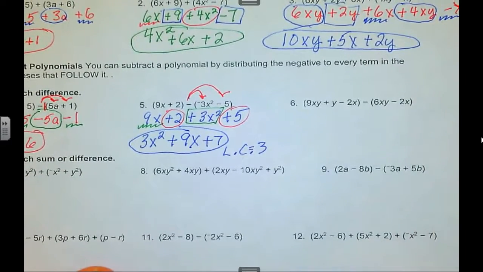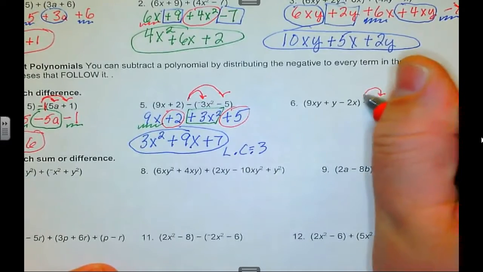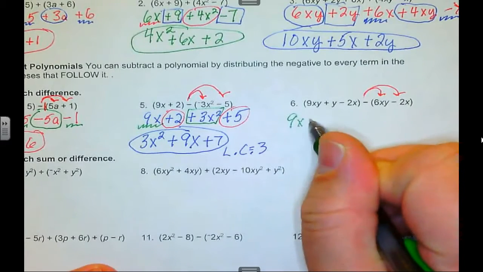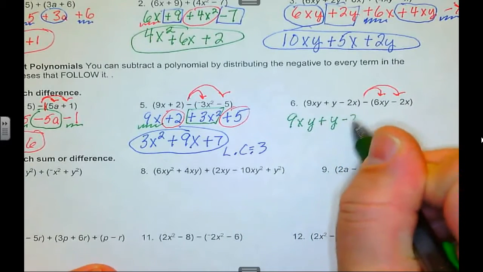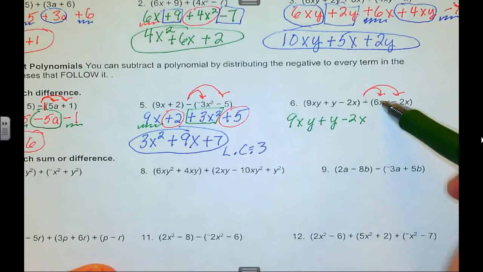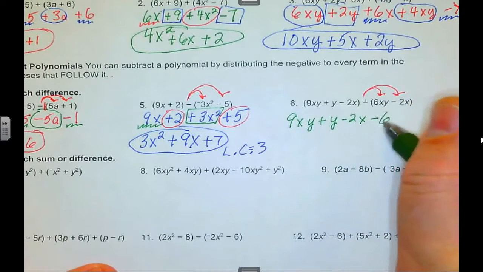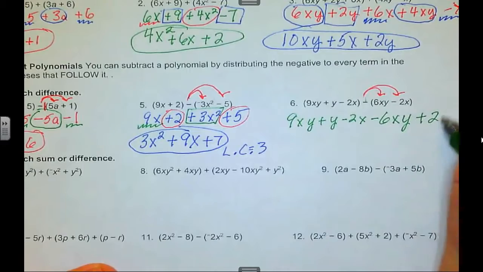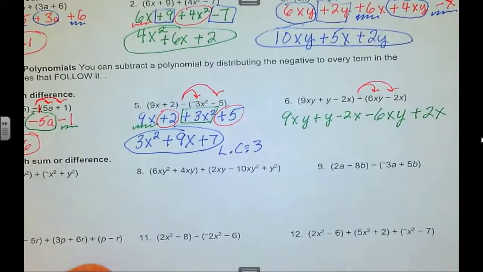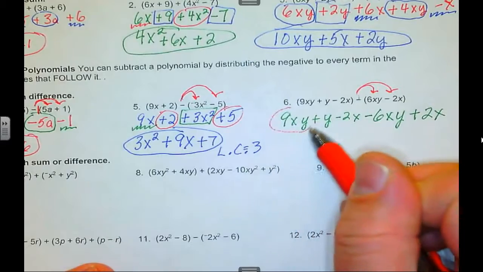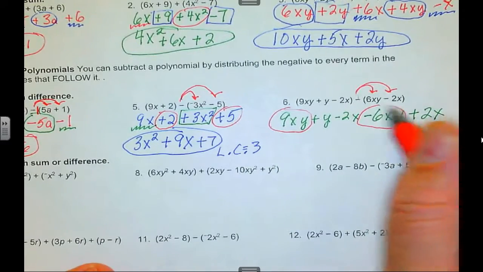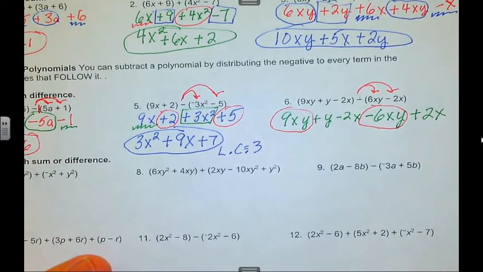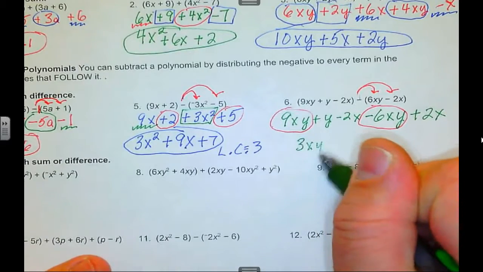Okay, distribute the minus sign. So I have 9xy plus y minus 2x, minus times a positive is a minus 6xy, minus times a minus, positive 2x. I'm going to combine 9xy minus 6xy, which is 3xy.